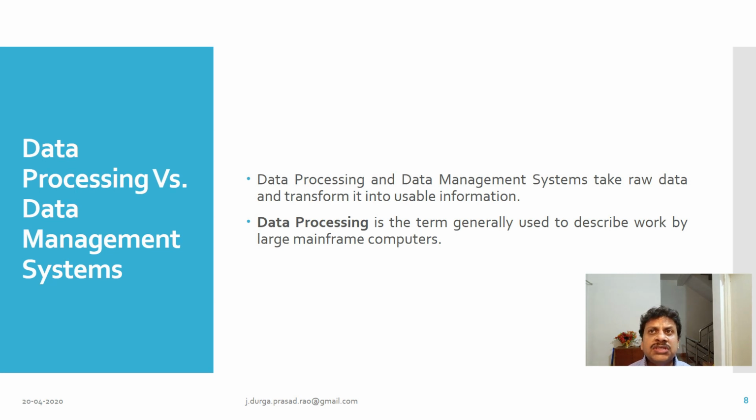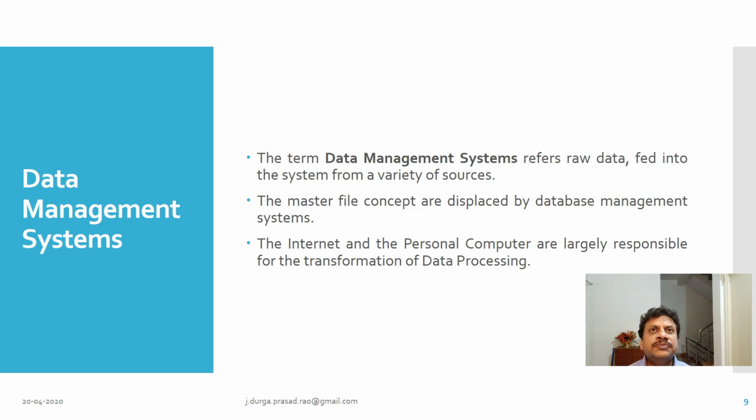Although data processing and data management systems both refer to functions that take raw data and transform it into usable information, the usage of the terms is very different. Now, what actually is data management system?